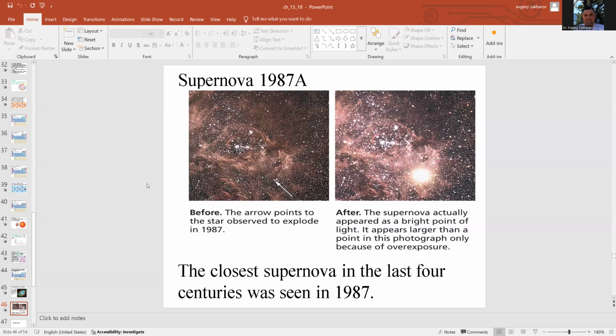So a lot of interesting features, but what's the most important thing is that elements heavier than iron will be produced in the process of that explosion, and we need them. Like we need gold, silver, those precious metals to have them handy and available.